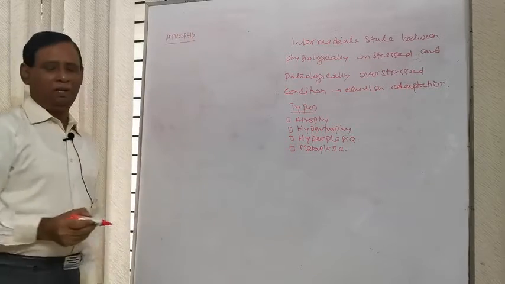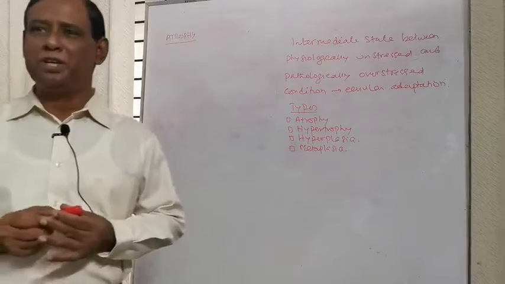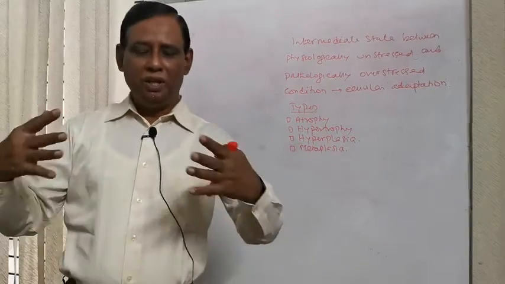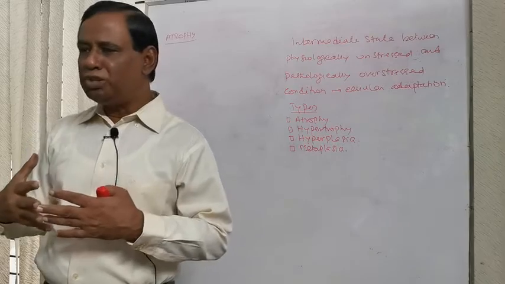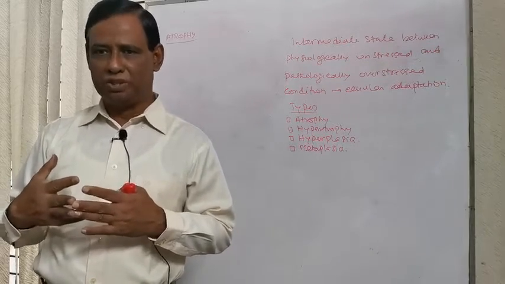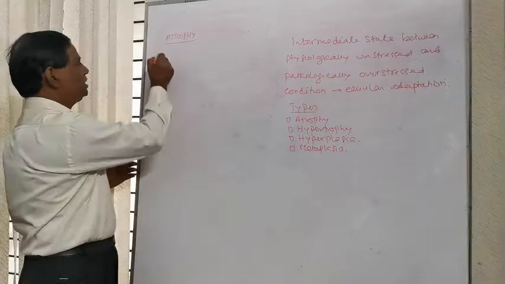Atrophy. We are talking about cellular adaptations. First one is the atrophy. Atrophy means acquired diminution of size of cell due to loss of cellular substances. What is this?